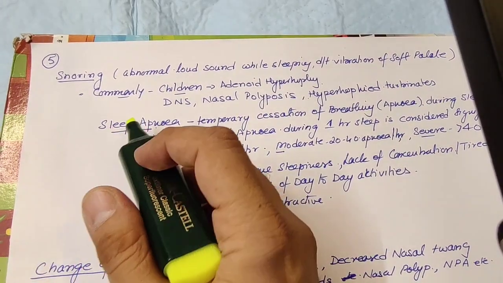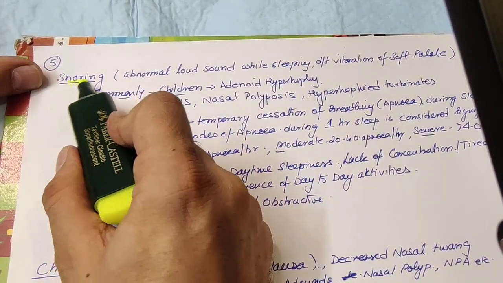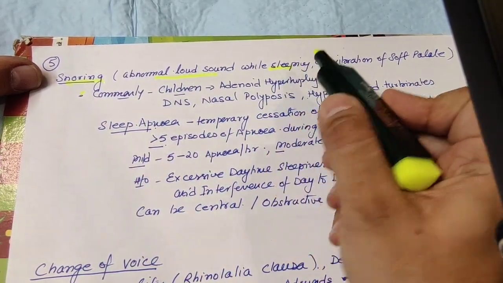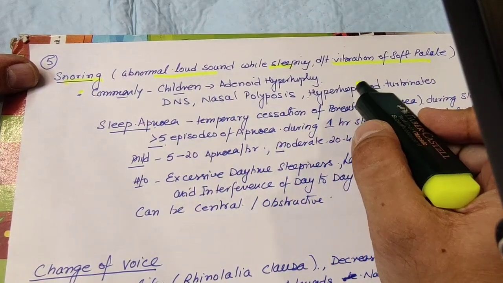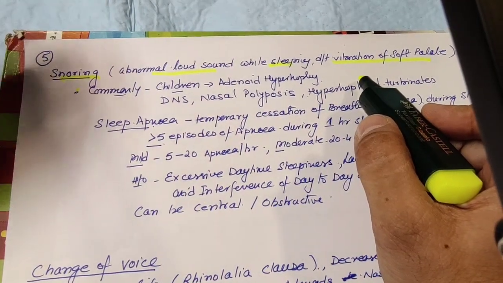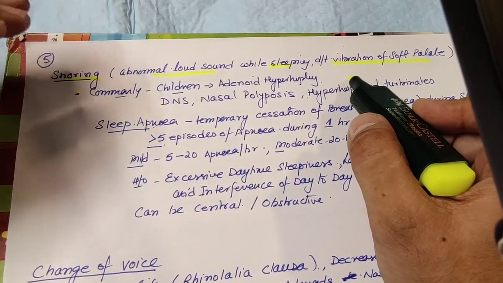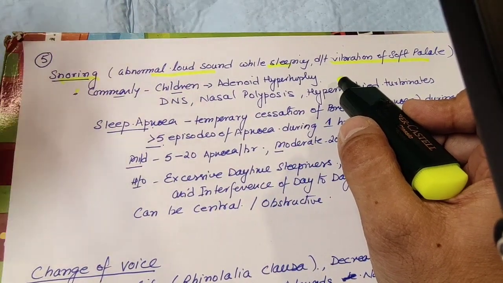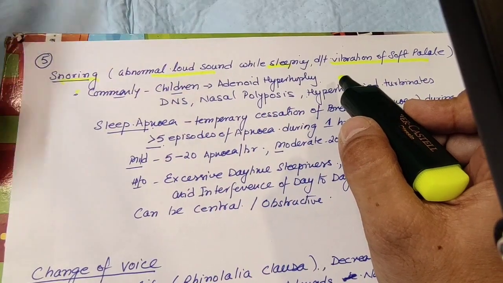Then another complaint that we need to look into, certain patients who have snoring, which is an abnormally loud sound while sleeping, which is generally due to the vibration of the soft palate, and it is the laxity of the soft palate which leads to the sound. And this history is invariably given by the person who is sleeping with the patient.